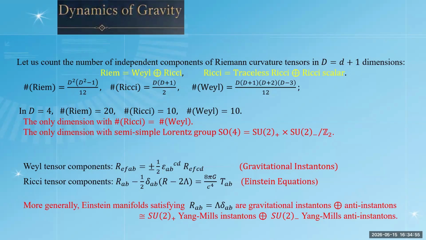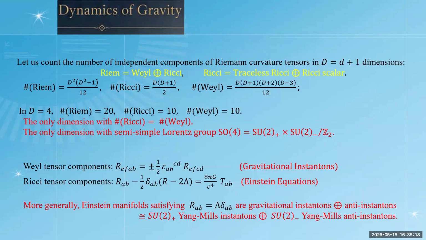If you consider this equation without matter, that solution is called an Einstein manifold, described by this equation. It turns out that if you use this structure, then an Einstein manifold is actually a composite of gravitational instanton and anti-instanton.